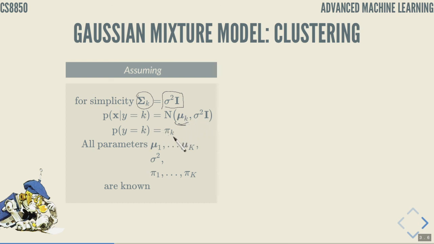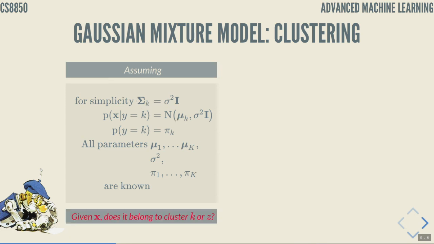The priors are the respective probabilities of sampling that component, a multinomial distribution, and all of our parameters are known. The important ones are all of the means for each of the k Gaussians, the sigma squared variance, and the mixture probabilities, or prior probabilities, which are also known. Then given x, we need to decide: does it belong to cluster k or cluster j?